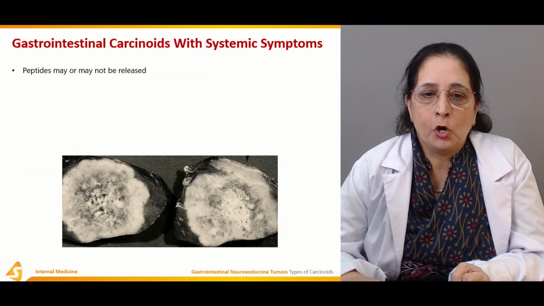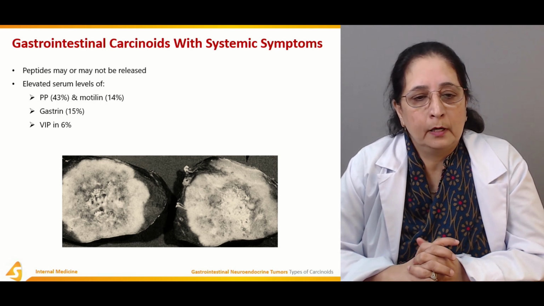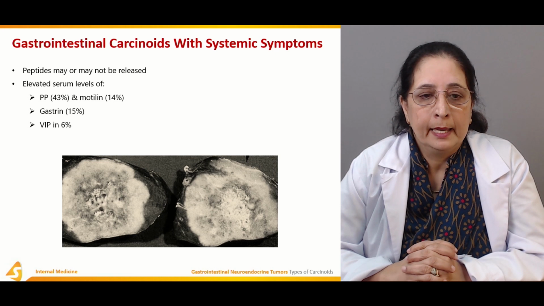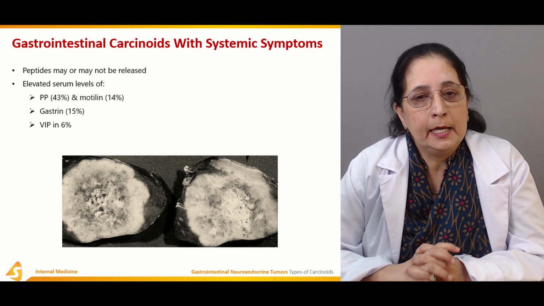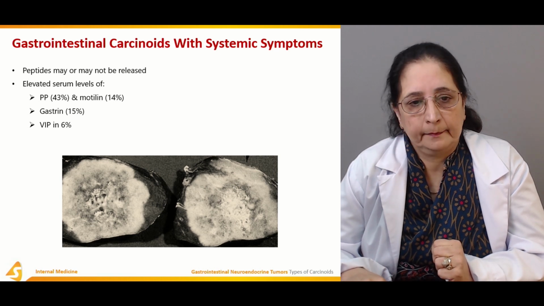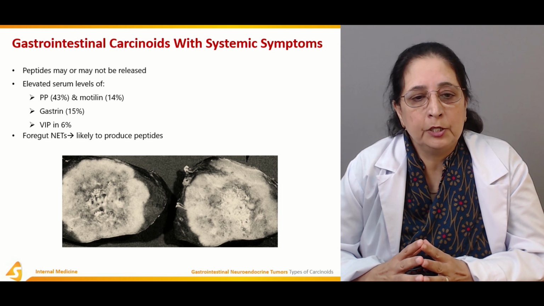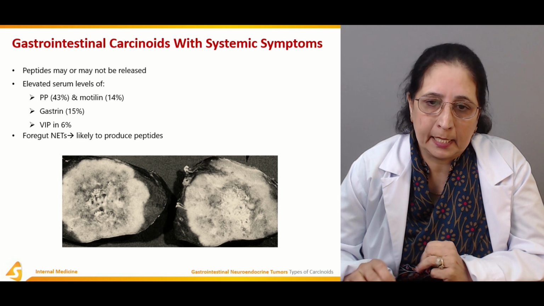Peptides may or may not be released. Elevated serum polypeptides in 43% of cases, motilin 14%, gastrin 15%, VIP in 6%. Foregut neuroendocrine tumors are more likely to produce peptides.